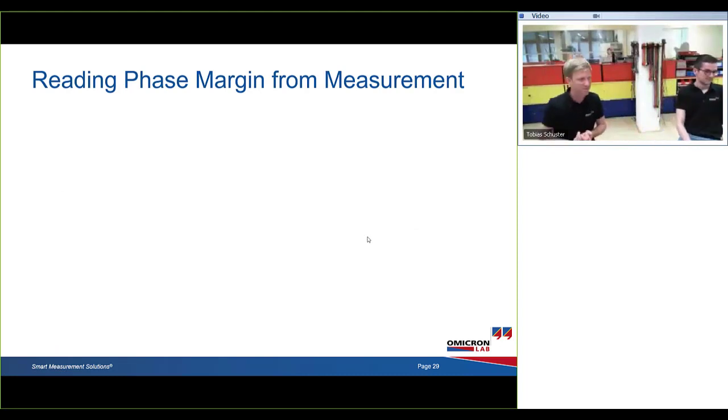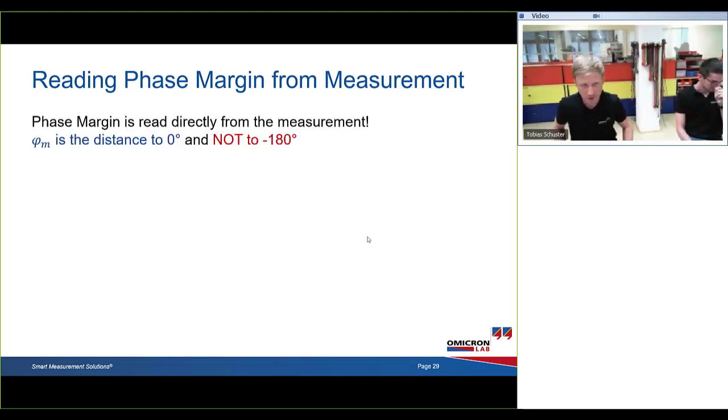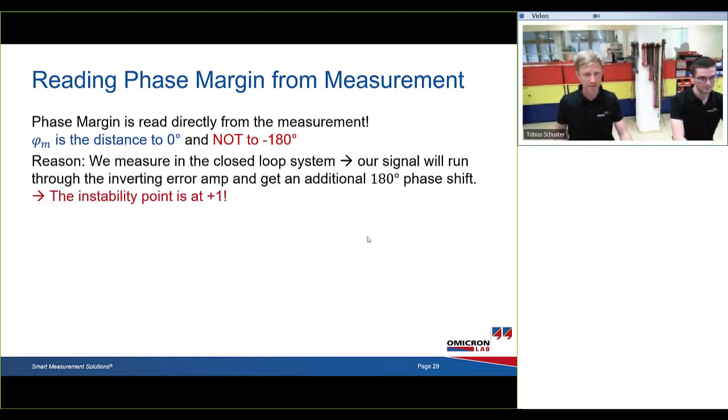Yeah, before we start into the live measurement or into the demonstration that we have prepared for you, there is something that confuses very often, because from now on you can forget that I said we measure the phase margin as the distance towards minus 180 degrees, because from now on we measure the phase margin as the distance towards the 0 degree line, so the 0 degree phase.